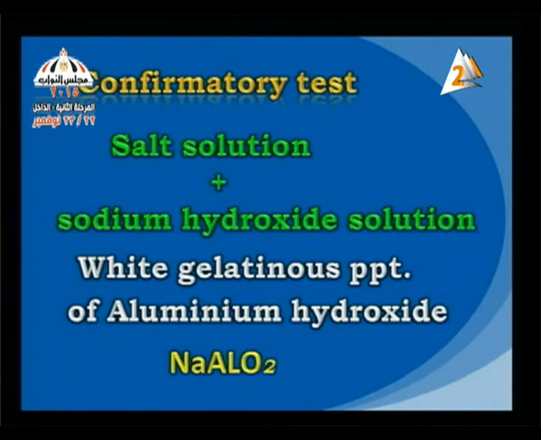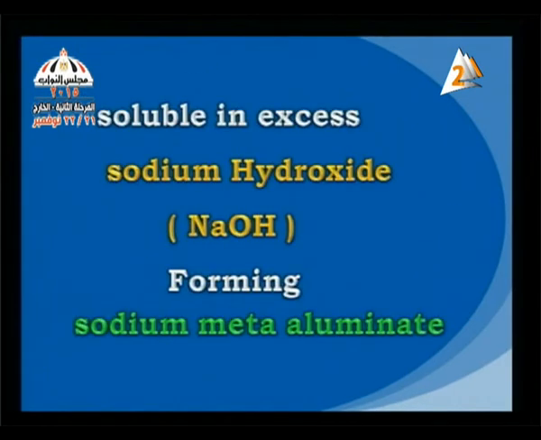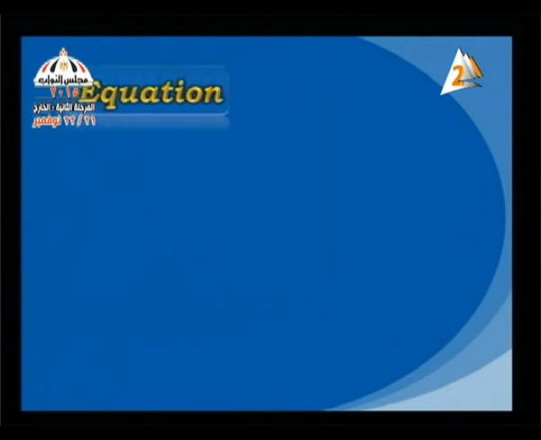Good. Now, my dear, catch this reaction. This sodium aluminate is soluble in excess of hydroxide, NaOH. So directly we have a new compound, sodium meta-aluminate or sodium aluminate. Easy and wonderful.